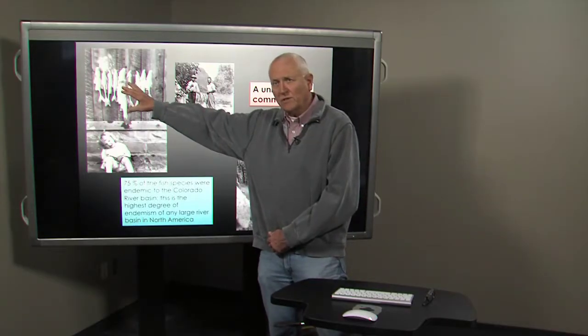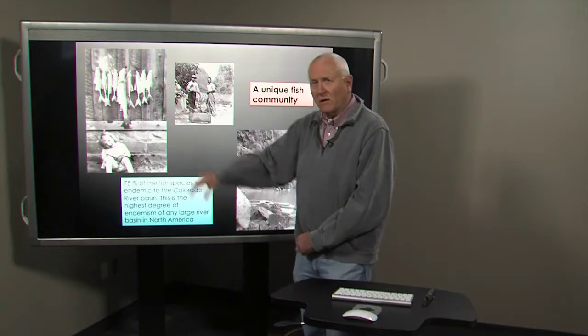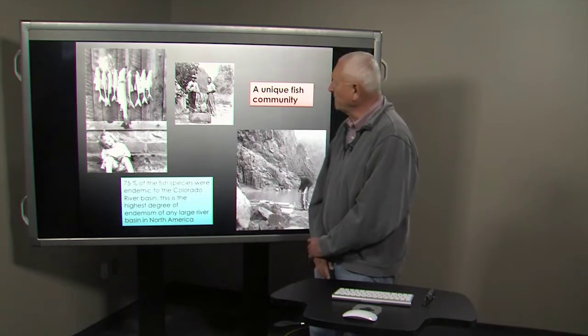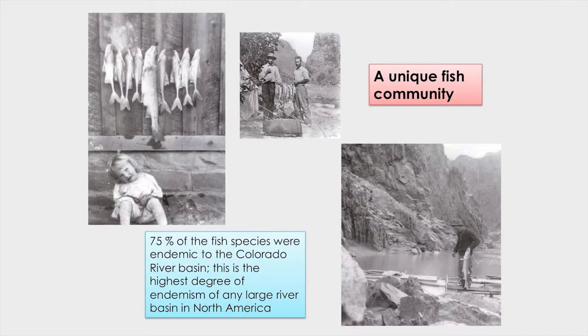The attributes of streamflow and sediment transport, a river that was very warm in summer and cold in winter, was a harsh environment in which the species of fish developed unique attributes to live. In fact, the environment of the Colorado River was so unusual that with evolution, 75% of the species native to the Colorado River live nowhere else on the planet.